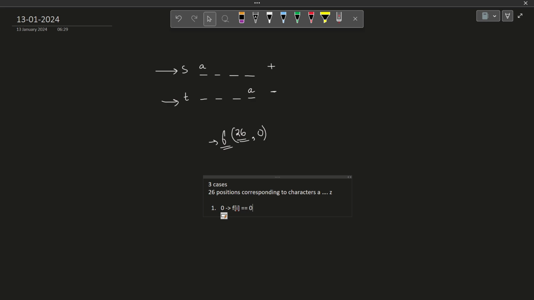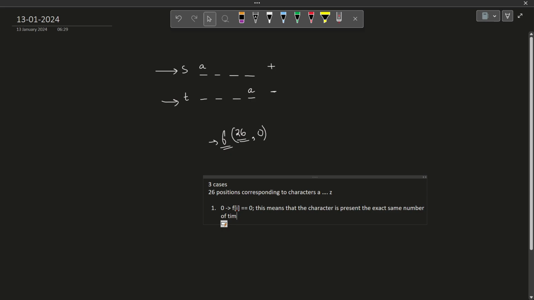This particularly means that the character is present the exact same number of times in both strings, and we do not touch it. So this is my first case.